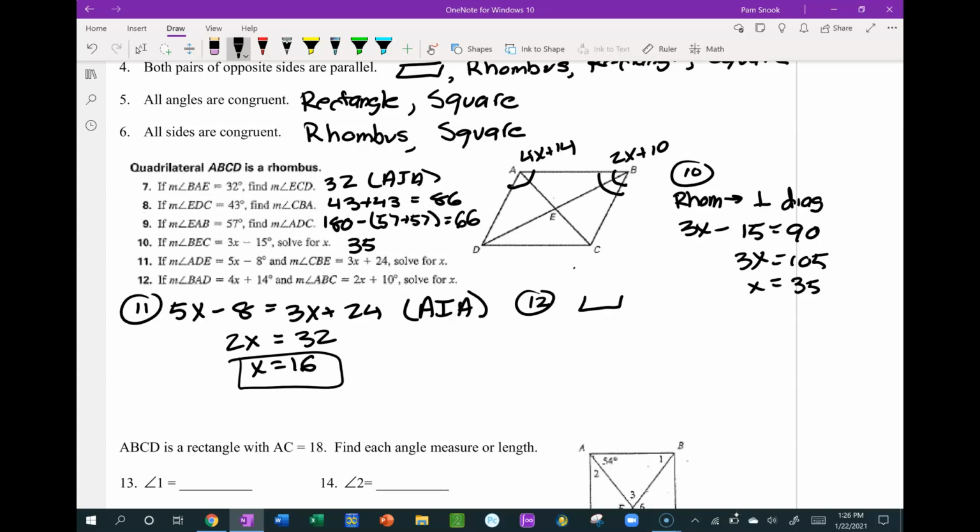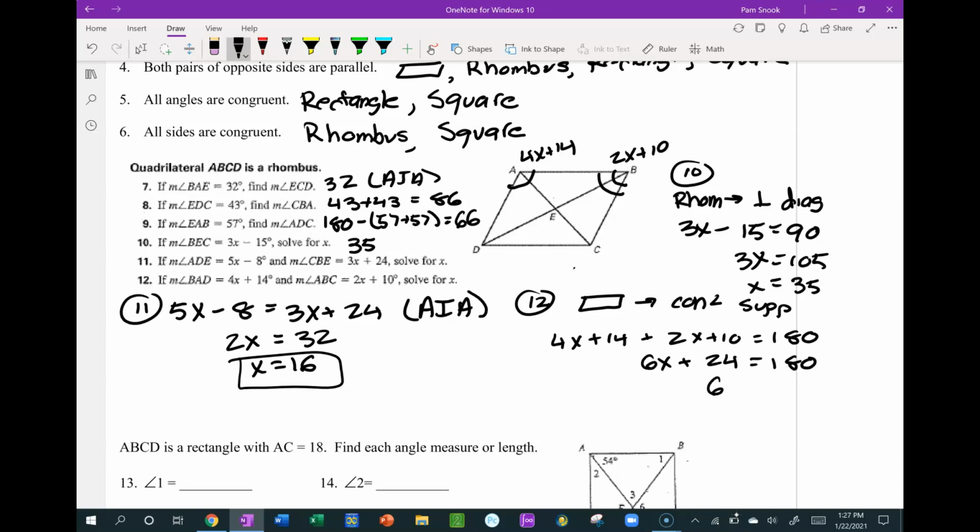And just recall from before, parallelogram implies consecutive angles are supplementary. So I'm going to say 4x plus 14 plus 2x plus 10 equals 180. Let's combine our like terms. So 6x plus 24 equals 180. Go ahead and solve for x. So 6x is 156. X equals 26.